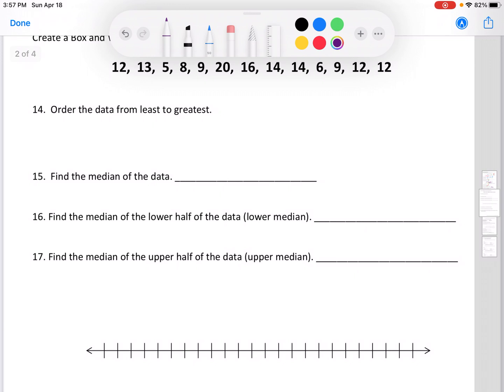All right, now they want us to create a box and whisker plot. So the first thing I have to do is order the data from least to greatest.